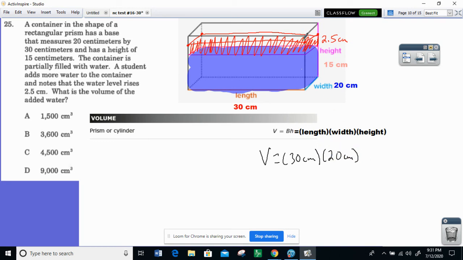But we need to multiply by the height only of what we added, which is 2.5 centimeters of extra water. And whenever we multiply those together, it is going to come out to be 1,500 cubic centimeters, which is why we get a volume of A.